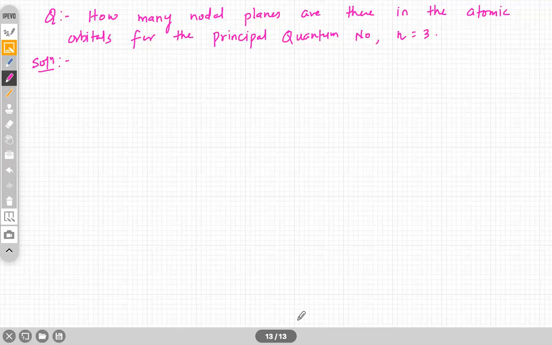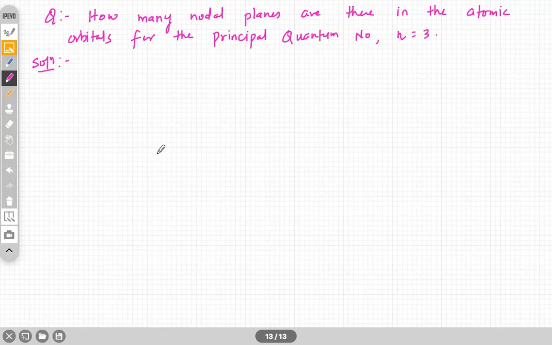The orbitals associated with the third shell. We have 3s, 3p, 3d. Count the nodal planes for each of these orbitals. No, it's not that. N minus 1 is not the formula. Advik got the right answer. Very good, Advik. Anurag, close but not correct. No, Namrata, no.